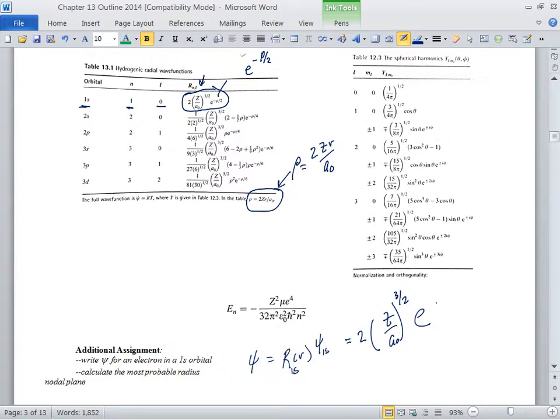Might as well put in what rho is: e to the negative 2Zr over a naught. It's all divided by 2, though. Did I forget the 2? So the 2's are going to cancel out on me.